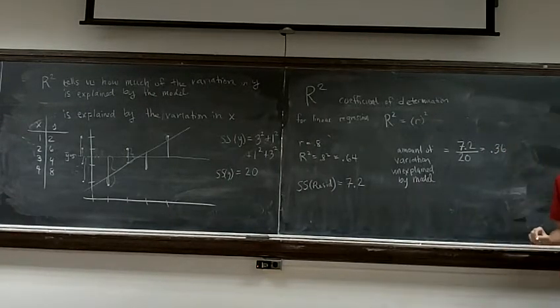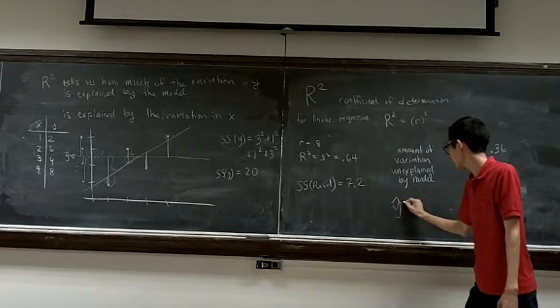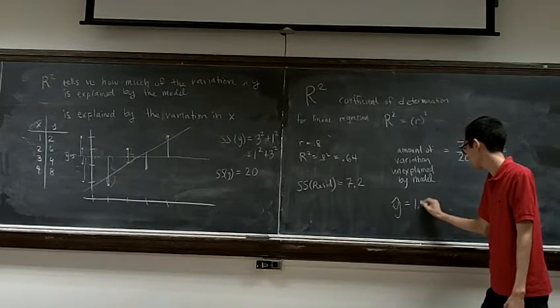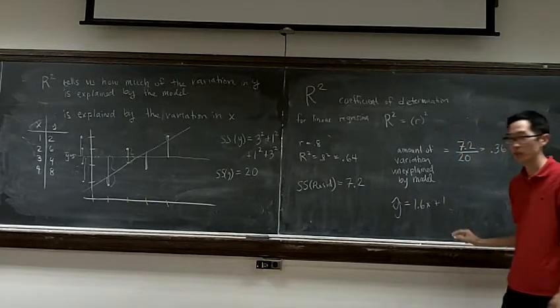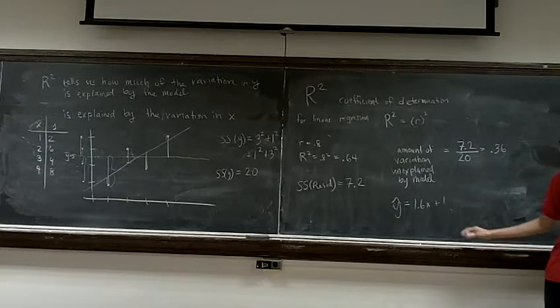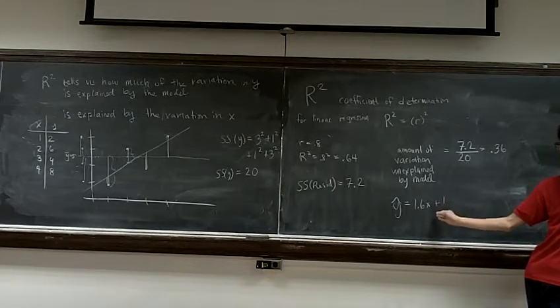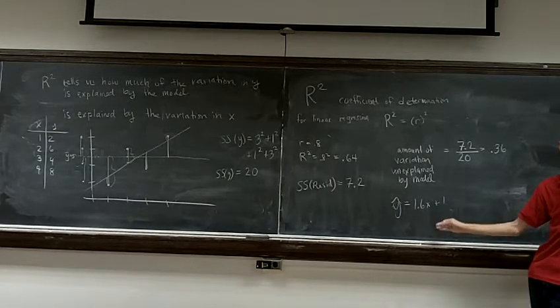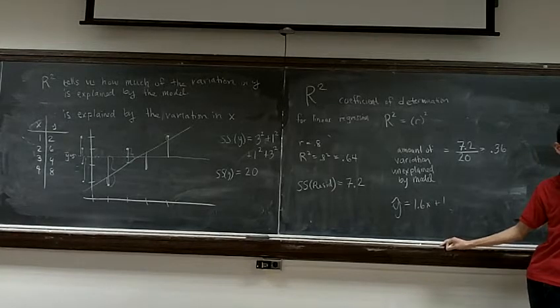Yes? Can you explain the 0.6 closets again? Like, totally lost me on that one. So my predictive model was y hat is equal to 1.6x plus 1. So it says, for a place with 1 bedroom, I would predict the place to have 2.6 closets.